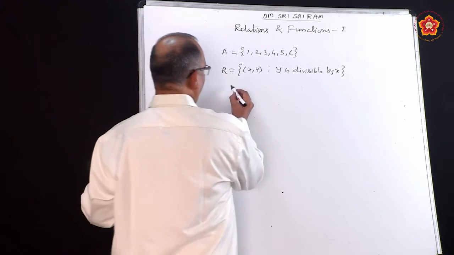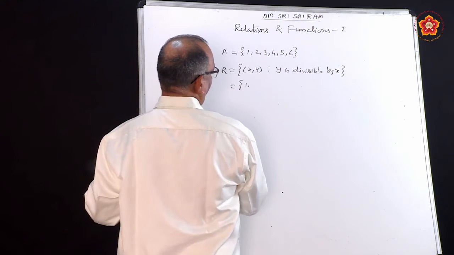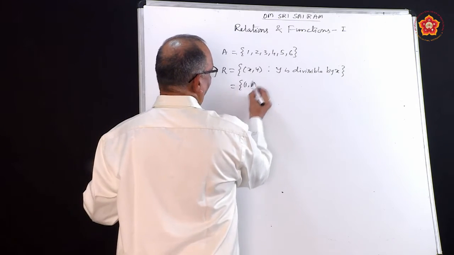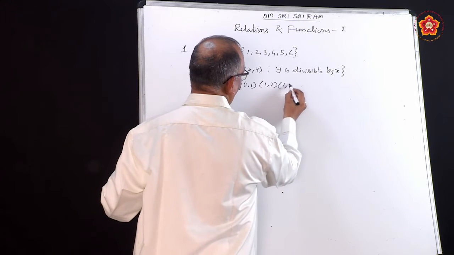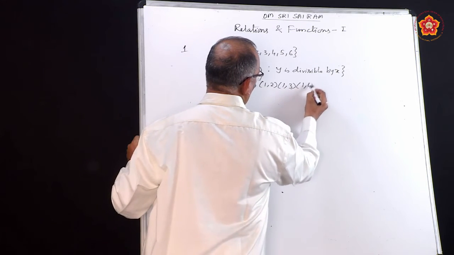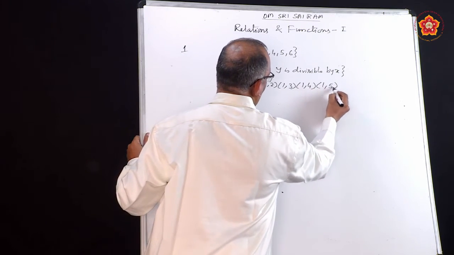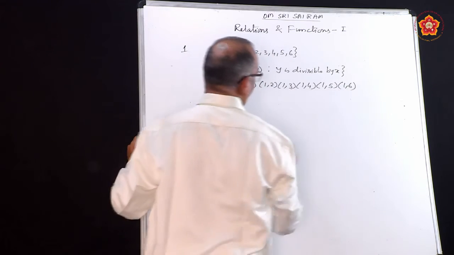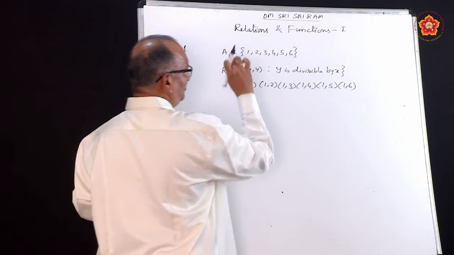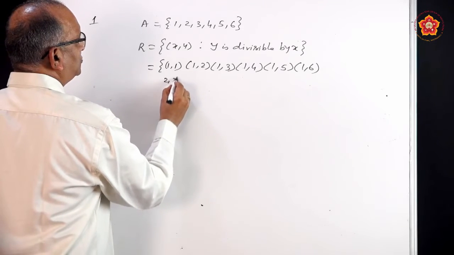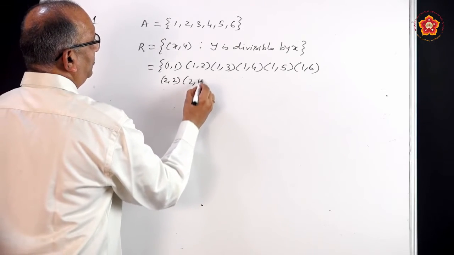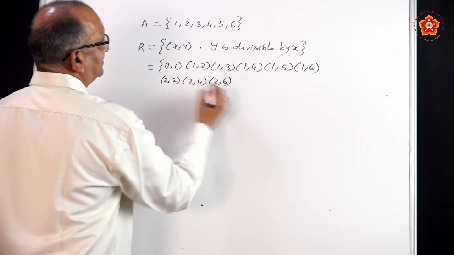So this can be written as, let us say you begin with 1. We know that 1 divides 1. Similarly 1 divides 2, 1 divides 3, 1 divides 4, 1 divides 5, 1 divides 6. Every second element is divisible by first element. Similarly, start with 2, 2 divides 2, 2 divides 4, 2 divides 6.